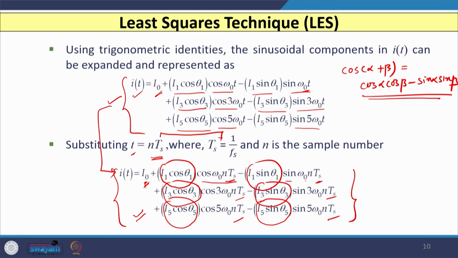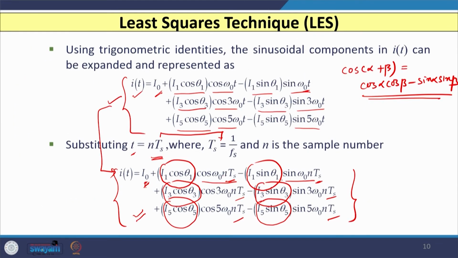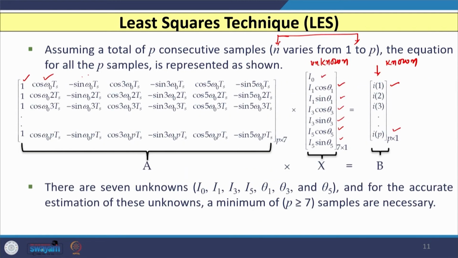Similarly, we have sin omega 0 into 1 into T s. So, we have the term cos omega 0 T s here, and similarly sin omega 0 T s with negative sign.